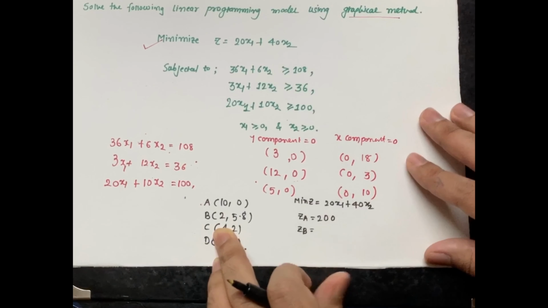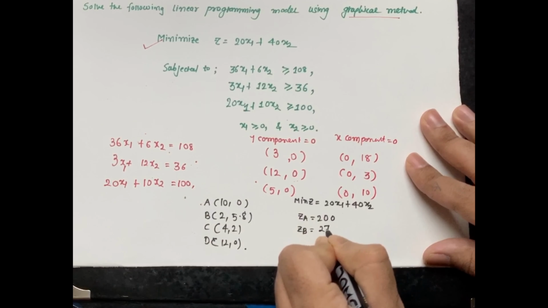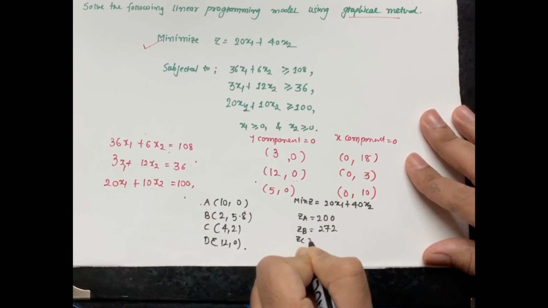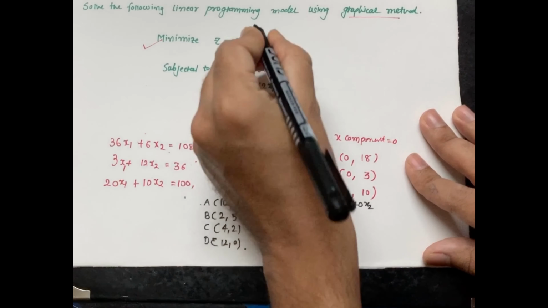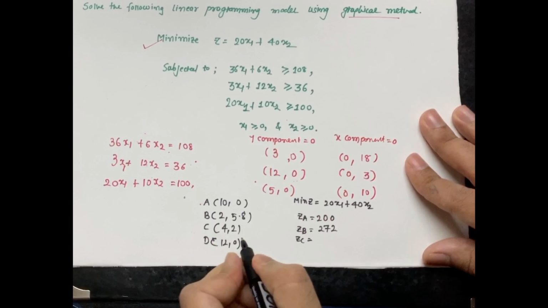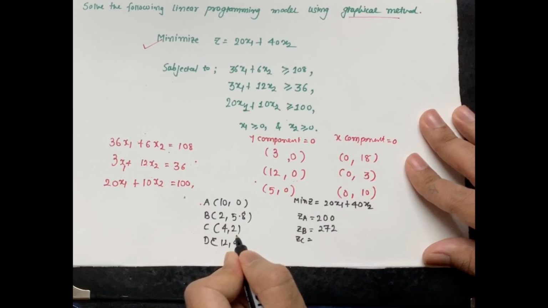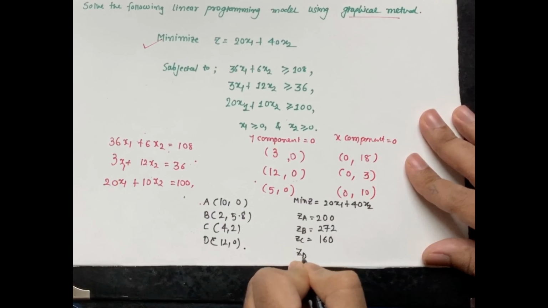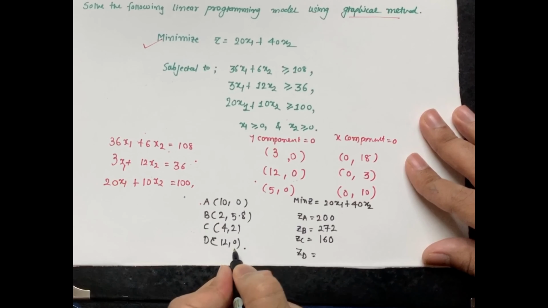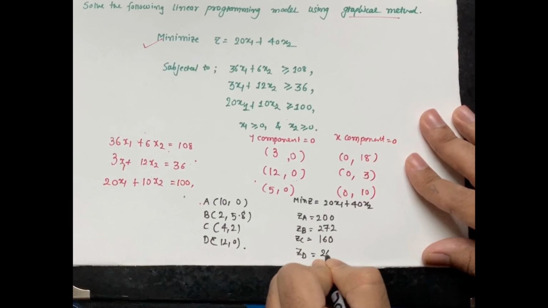That gives me a value of 272. What is C? It is 4, 2. So 20 into 4, that is 80, plus 40 into 2, that is 80 again. So it is 160. Then D, it is 12 into 20, so it is 240.